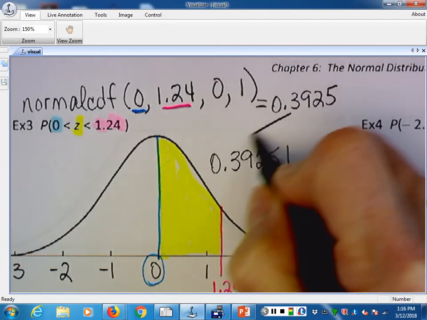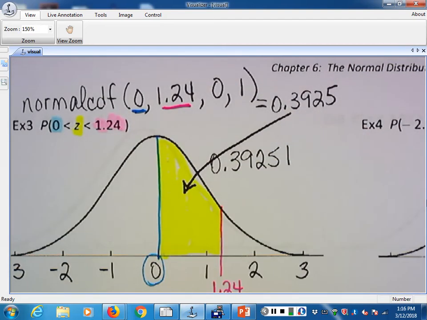And that is the area that we shaded in yellow. So that's our probability. So will we ever have to use the positive infinity? Yes, we will use positive infinity as well. So sometimes we'll get the low but not the high. If it doesn't give you the high, it's positive infinity.